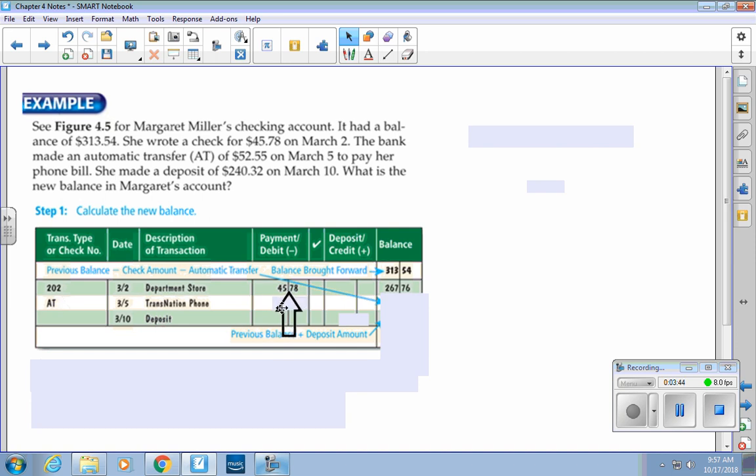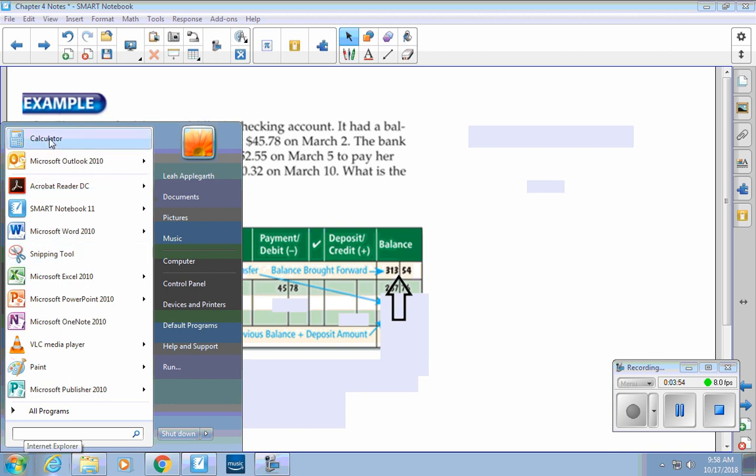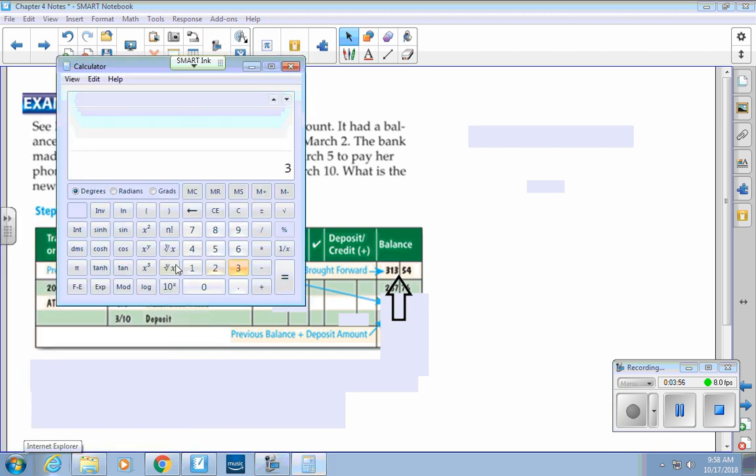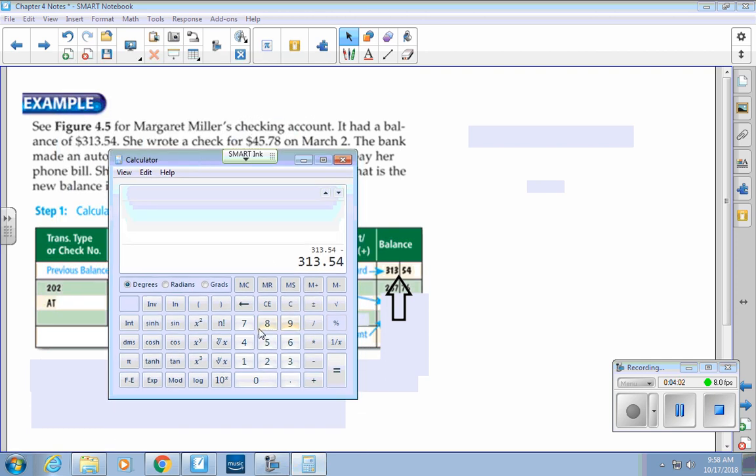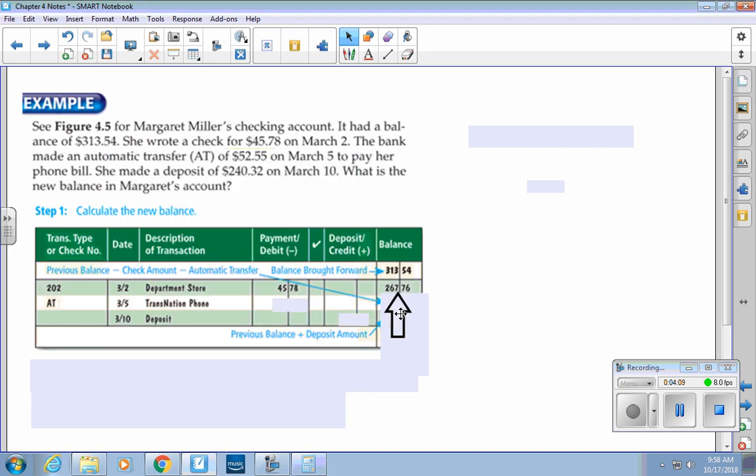So we wrote the check for $45.78. When you write a check, you minus it from the balance. So $313.54 minus the $45.78 is this amount here, $267.76.